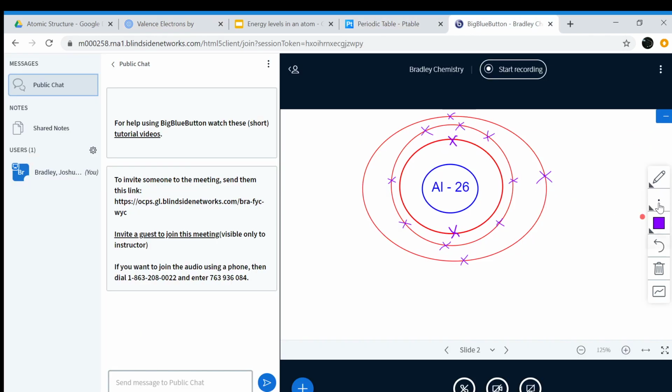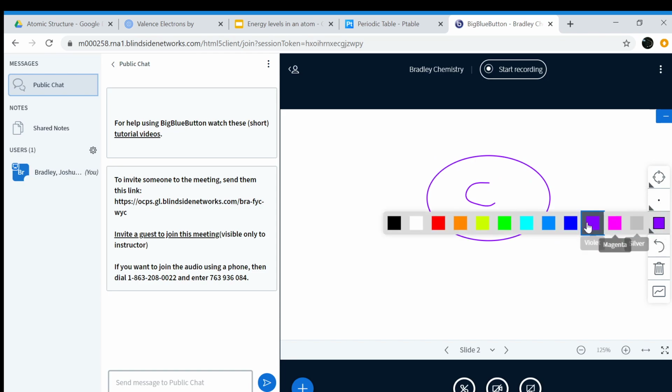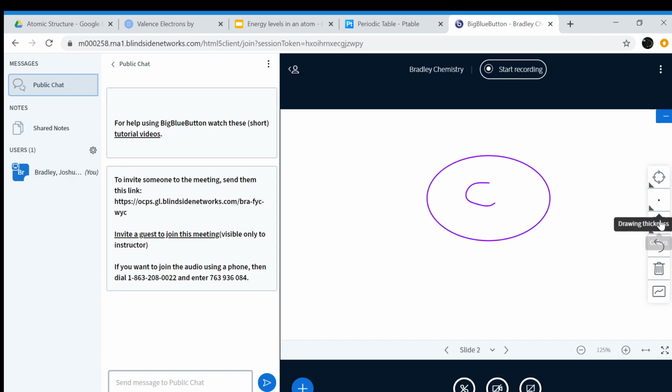So, carbon is going to be C. It has 2 energy levels. The first energy level has 1, 2.